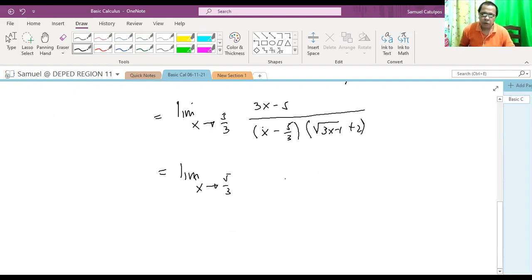Kay kung dili man gud nato ni maiwala ning kaning si x minus 5/3, pag substitute nimo, mag-0 siya. So dili nimo siya ma-solve, no? So ato siya siyang walaon. So diri sa taas, ato aning i-factor na to para makakuha ta ning x minus 5/3 gikan diri sa taas.